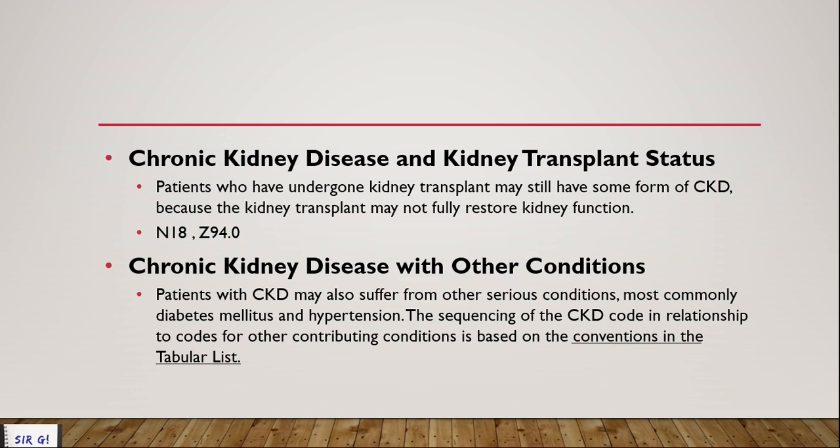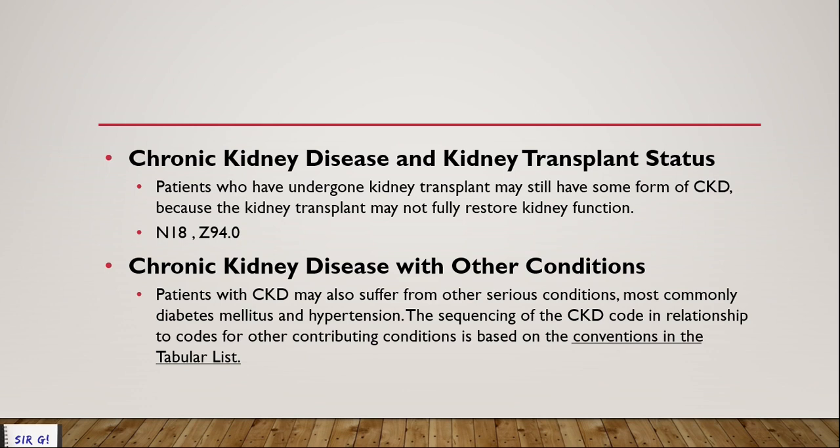So it's very important to code Z94.0 to fully identify what happened with the patient. Like the patient has CKD because it is a post-kidney transplant patient. So it doesn't require additional management because that is already expected. Correct? So it's very important to put in your status Z code, Z94.0.